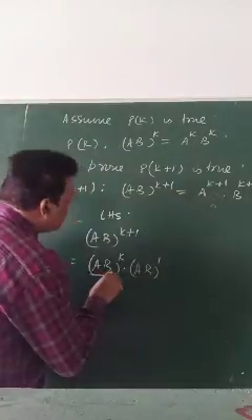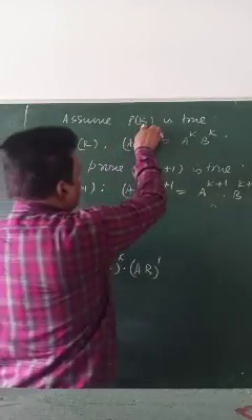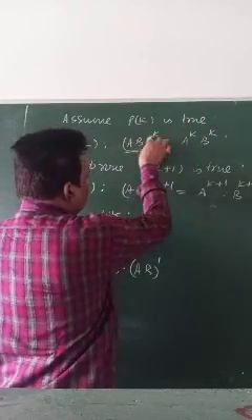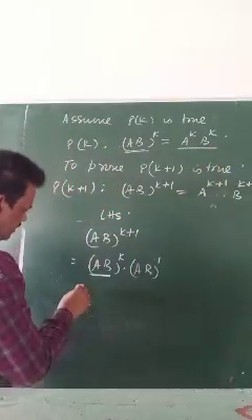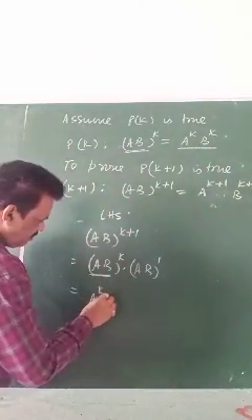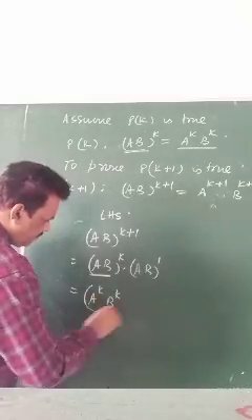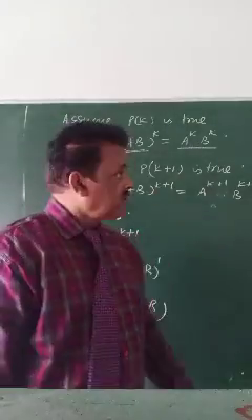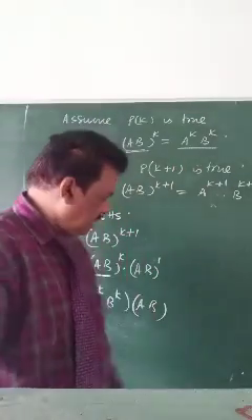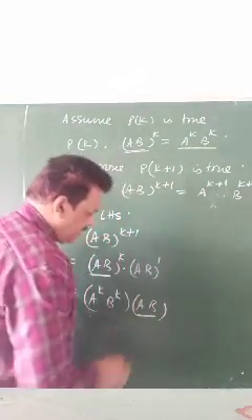Look, what is (AB)^k? In mathematical induction you have assumed P(k) is true, so (AB)^k is A^k B^k. So this will be A^k B^k into AB. Also, in the beginning of the question you are given AB equals BA.